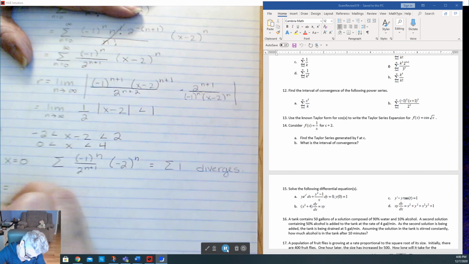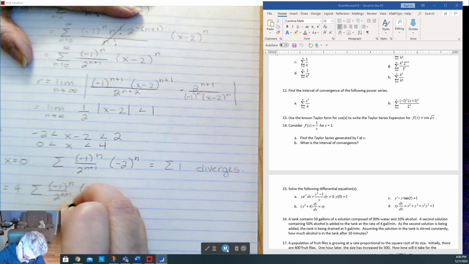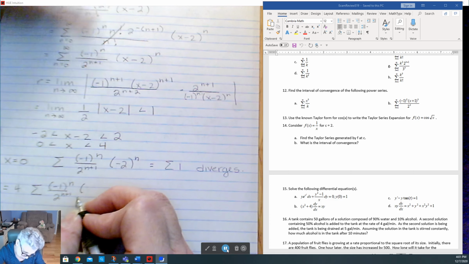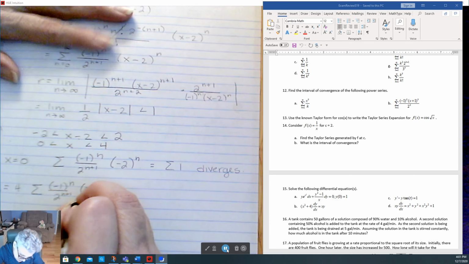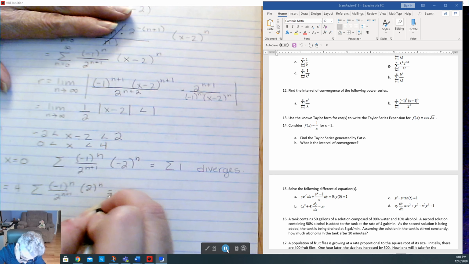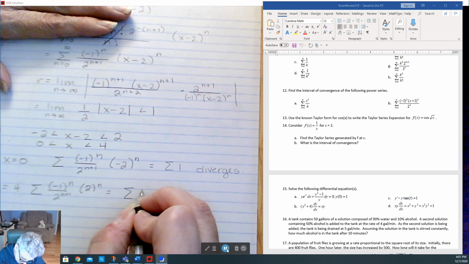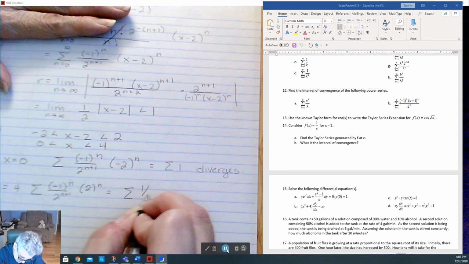And if x is equal to 4, then I have the sum (-1) to the n over 2 to the n plus 1 times 4 minus 2 is 2 to the n power, which is the sum of a half.